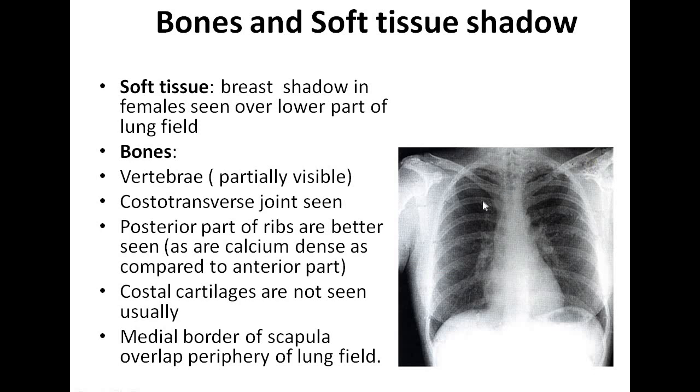Costotransverse joints are seen here, and the posterior parts of ribs are seen better. Whatever we are seeing here are the posterior parts of ribs, as they contain more calcium and are radio dense as compared to the anterior part. Costal cartilages are not seen usually. The medial border of the scapula overlaps the periphery of the lung field.